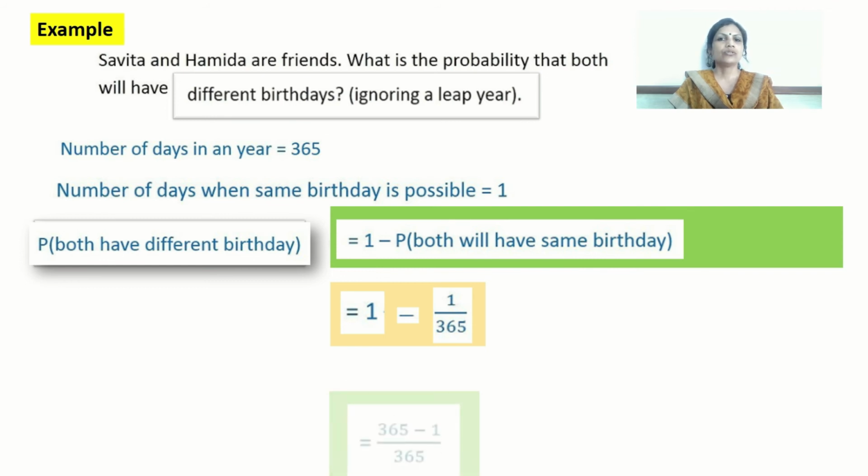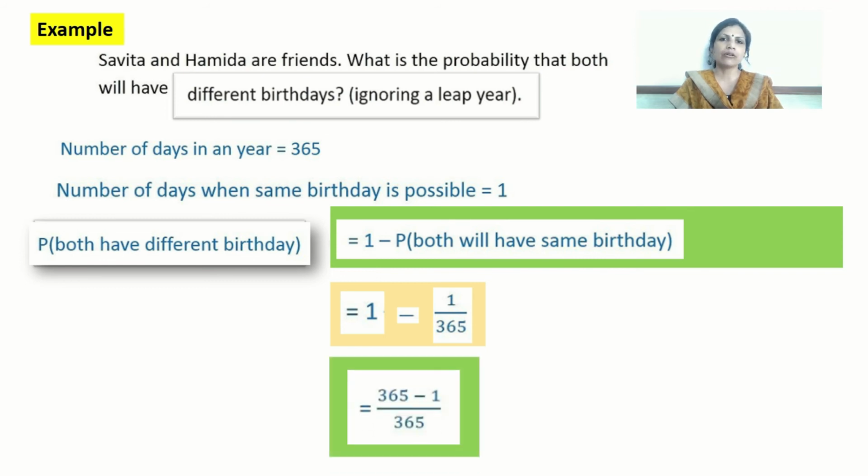Solve it. So 365 minus 1, by cross multiplication, divided by 365, and so we get the answer as 364 upon 365. So the probability that both the friends will have different birthdays is 364 upon 365.